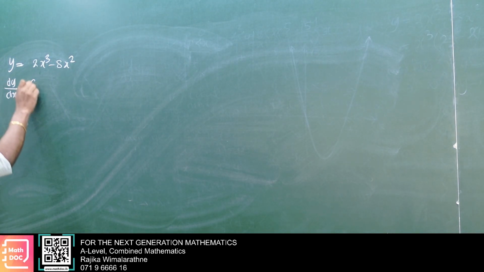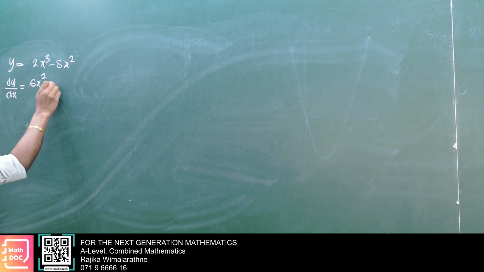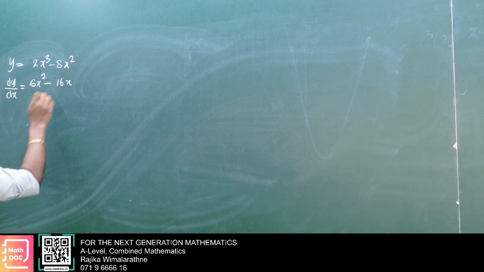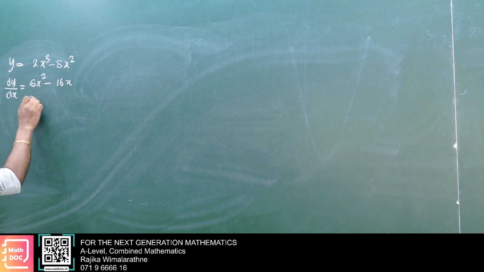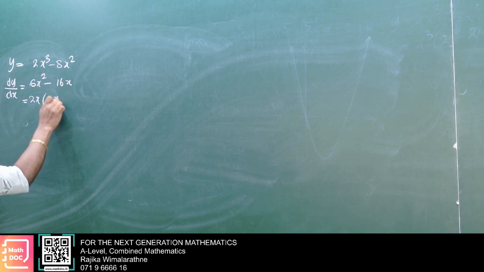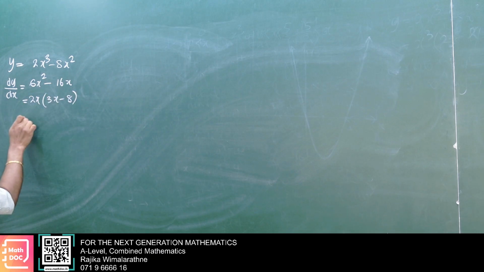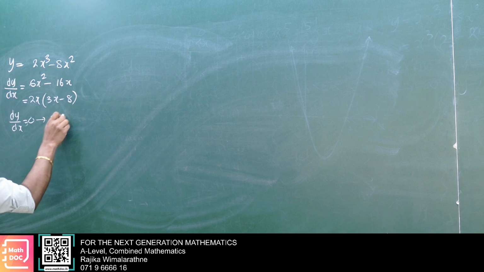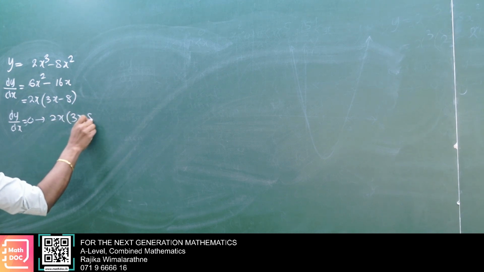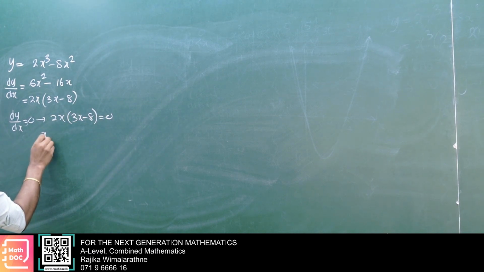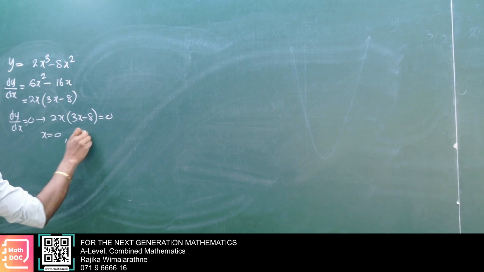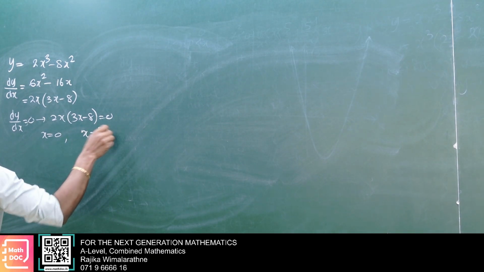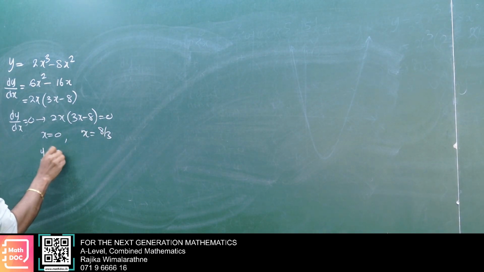dy by dx is 6x squared minus 16x. 2x common, 3x minus 8. dy by dx equals 0. 2x times (3x minus 8) equals 0. x equals 0, 8 over 3. At x equals 0, y value is 0.